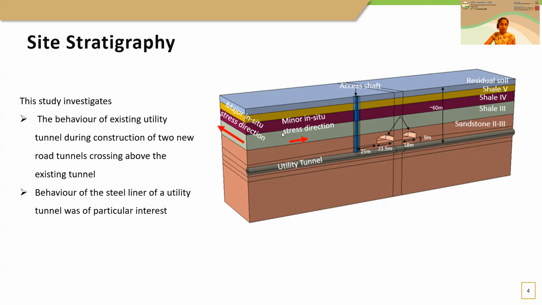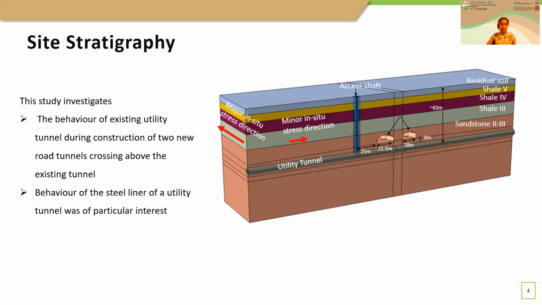Therefore, the tunnel interaction in Sydney rock can be quite different to that predicted in clays. Also, in Sydney rock, there are very high lateral stresses locked inside the soil layers.